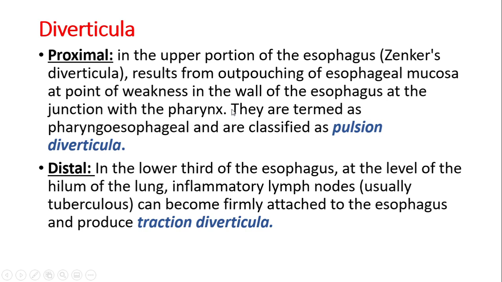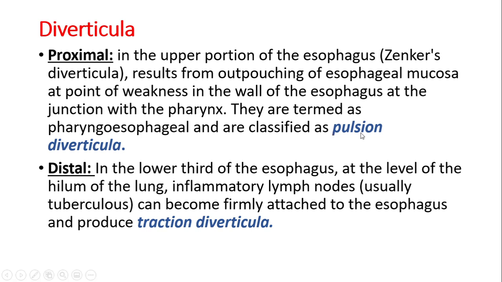The mucosa of the esophagus will be bulged out through a point of weakness, and they are also termed pharyngoesophageal and are classified as pulsion diverticula. Pulsion means there is a pushing force outward from increased intraluminal pressure.